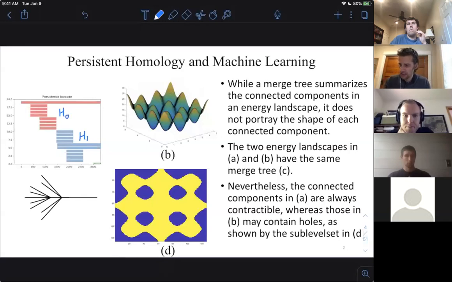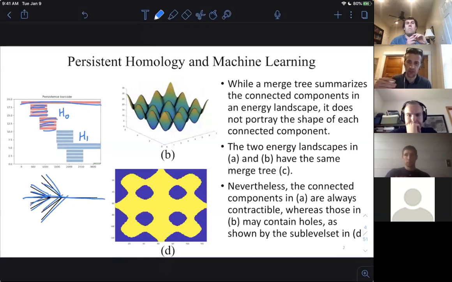So there's sort of this dictionary between the zero-dimensional bars and the merge tree, right? So these 4 bars correspond to these 4 parts of the merge tree. So there's a nice correspondence between zero-dimensional persistent homology bars and the merge tree.